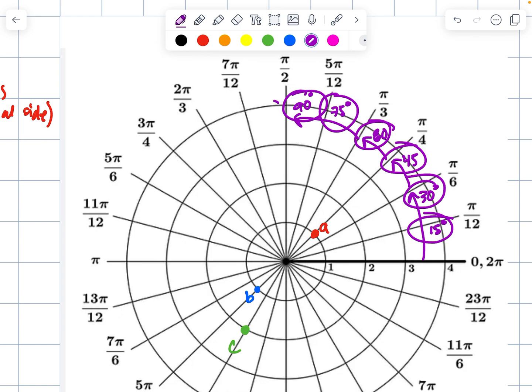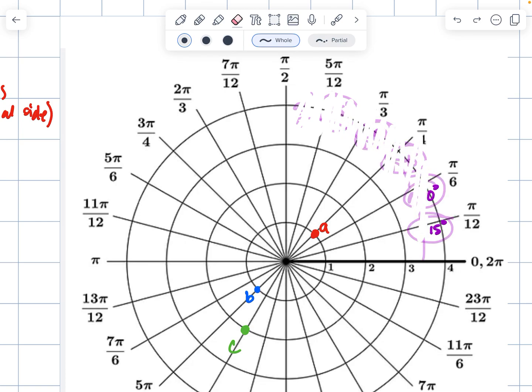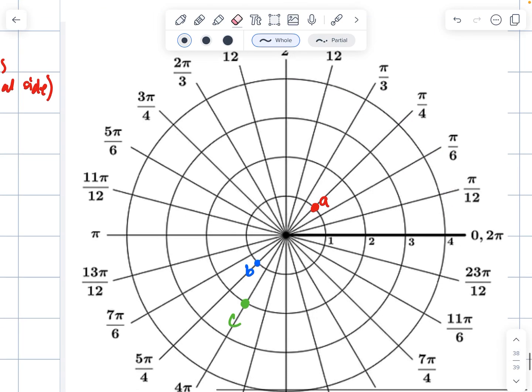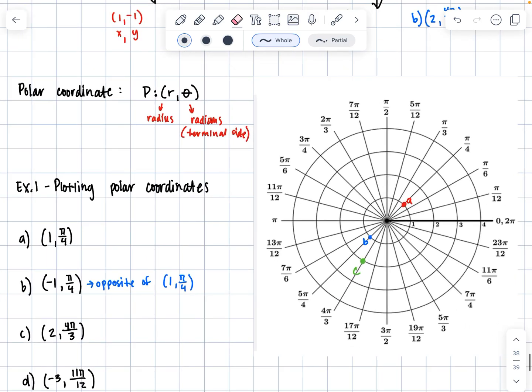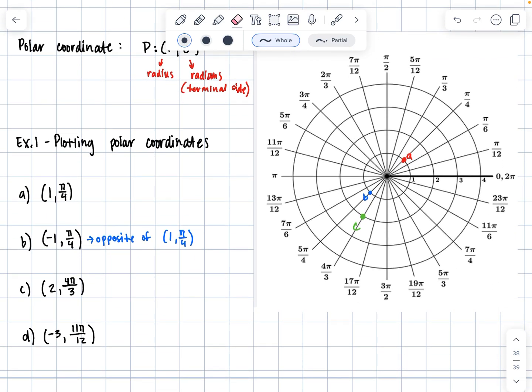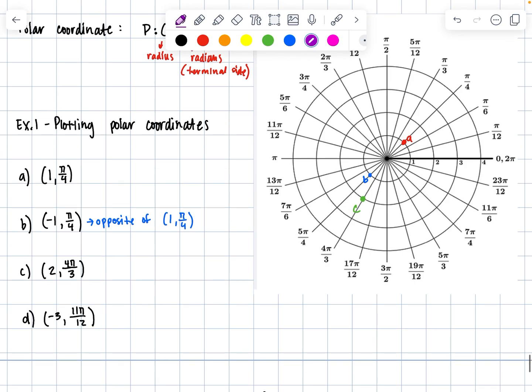Plus 15, plus 15, plus 15, all the way around the unit circle, and it's evenly distributed. So if you have something over 12, that just means we're working with the 15-degree markers, or we're between, let's say, a 30 and a 60, or a 90 and a 120.